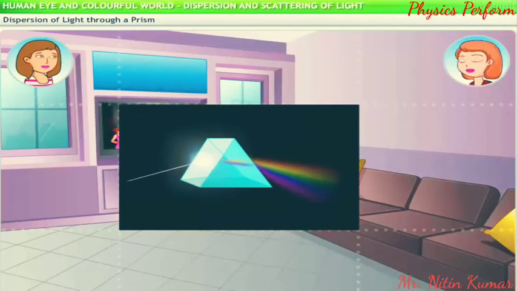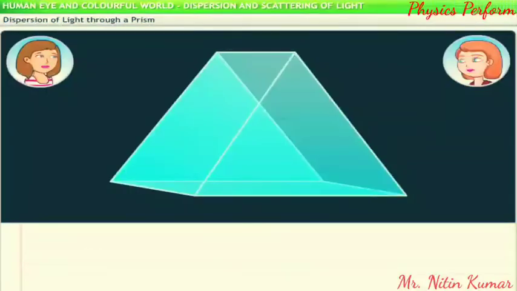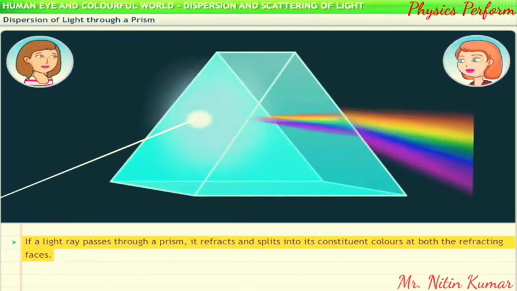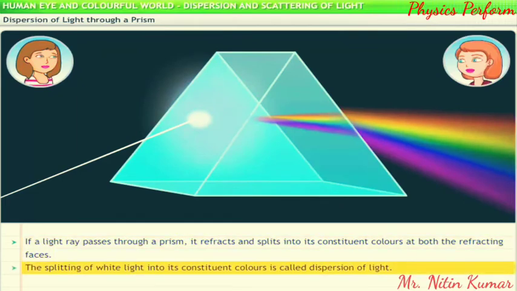Light rays refracted through a prism disperse and give rise to very vibrant colors. Where do these colors come from? You'd be surprised to know that these are all constituents of white light. When a white light ray passes through a prism, it refracts and splits into its constituent colors in the process of refracting through the prism.